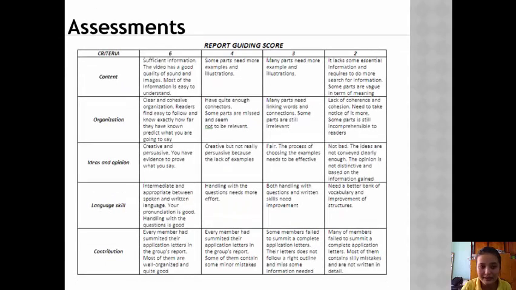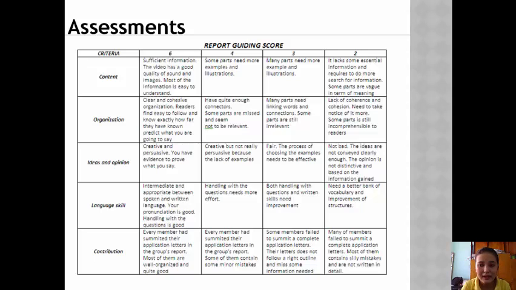And the last one in the assessments is the report guidance score. As you can see on the screen, there are 5 criteria for the final product. The content: does it have sufficient information, and about the interview video, does it have good quality of sound and images?